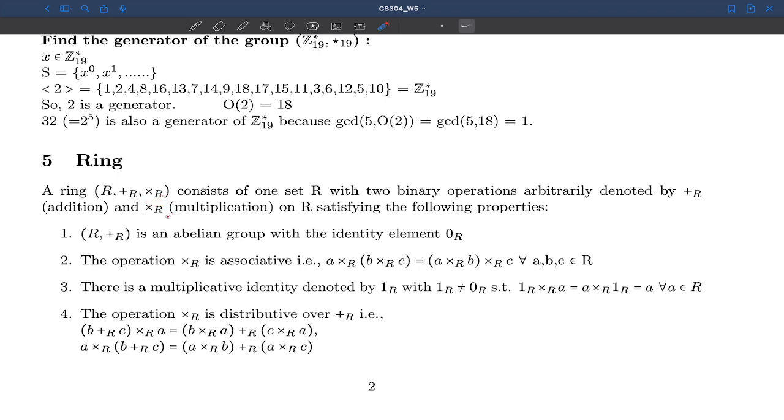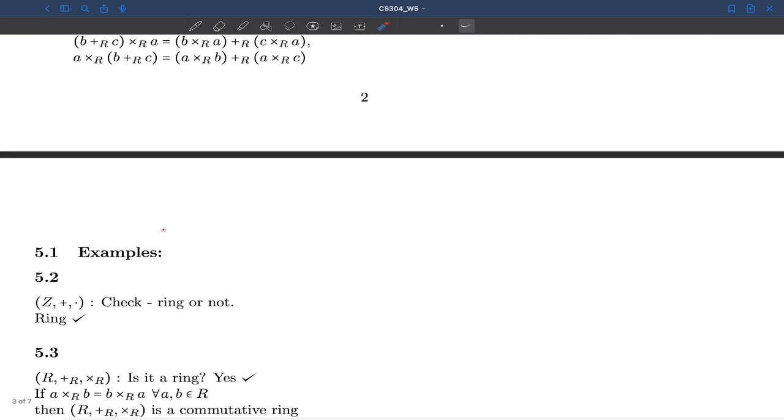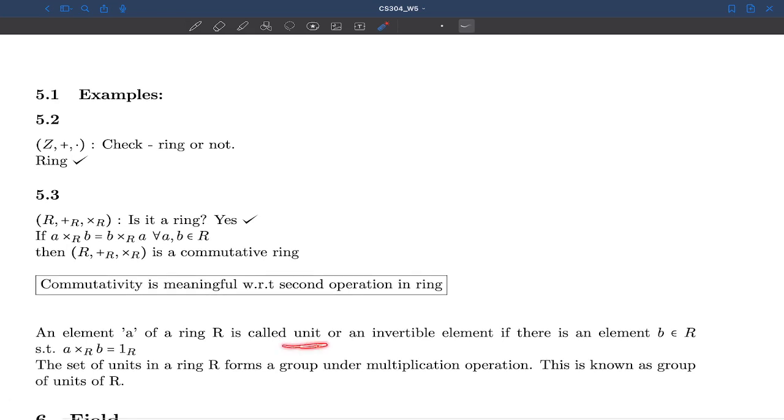So let us extract only those elements which are invertible, and those invertible elements are also called units. Under the second operator, I take all those elements which are invertible and form a new set. The set of units in a ring R forms a group under the multiplication operation.